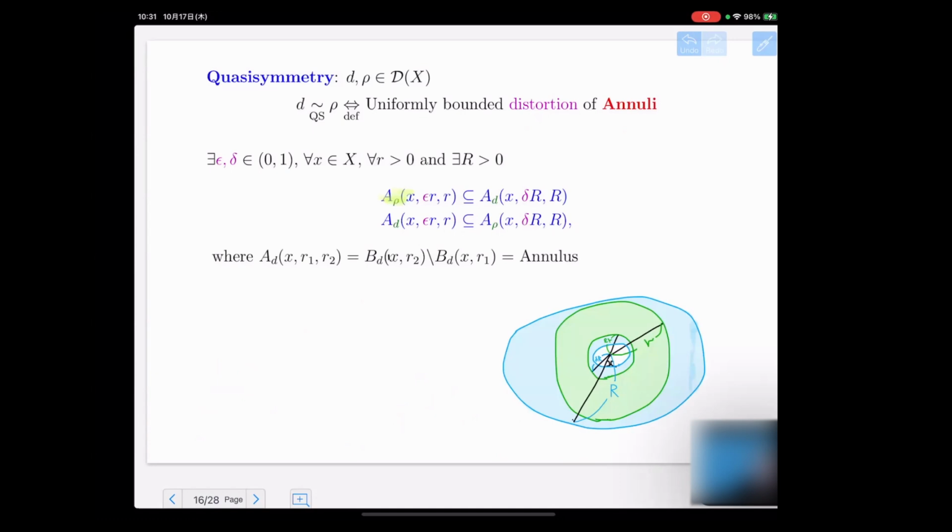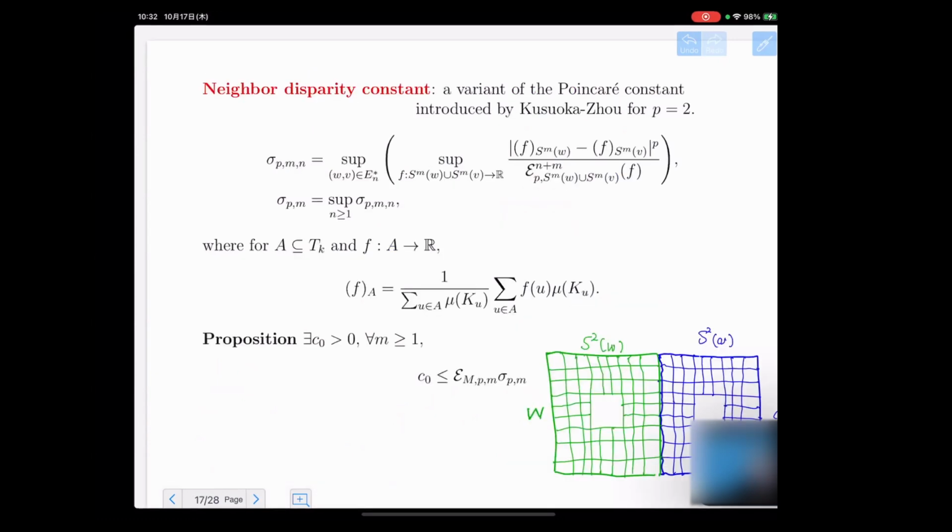And there I need one more constant, which is called the neighbor disparity constant. Yeah. And this is actually a variant of the Poincare constant. Well, it looks a little bit different, but it's a kind of Poincare constant. And for the case p equals 2, this constant was introduced by Kusuoka and Zhou's paper. Okay. And the definition is, if there are two W and W', which are next to each other and have an intersection, like this one, then think about the function on this space. Here S^m(W) is the mth refinement of W, and in this case I write the second refinement of the space.